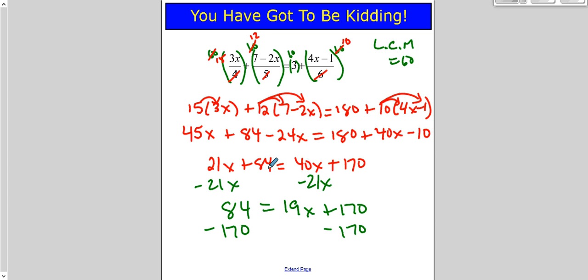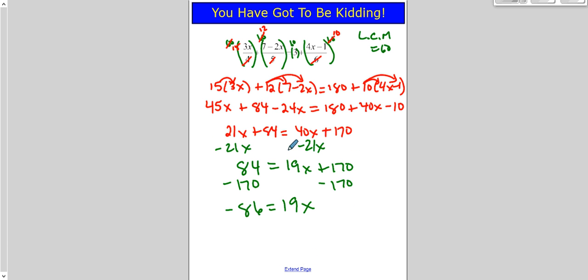And I did not get a right answer there. 84 minus 170 equals negative 86 equals 19x. Okay, and now I'll divide by 19 and divide by 19, and x is going to be a negative, and 19 is prime, so let's see, no, it doesn't divide evenly. So negative 86 over 19, we'll just keep it like that.